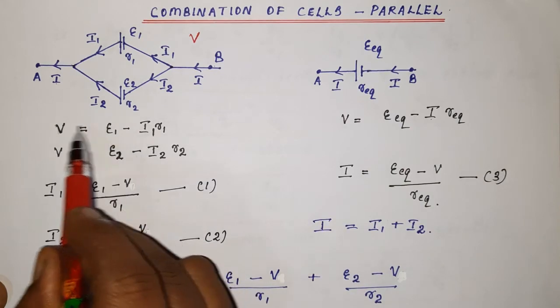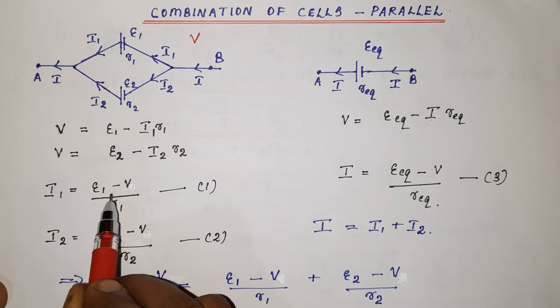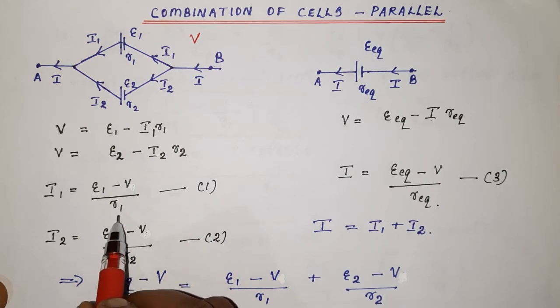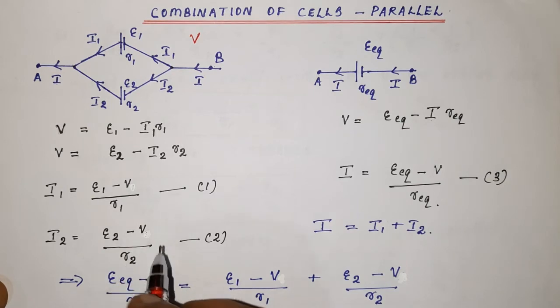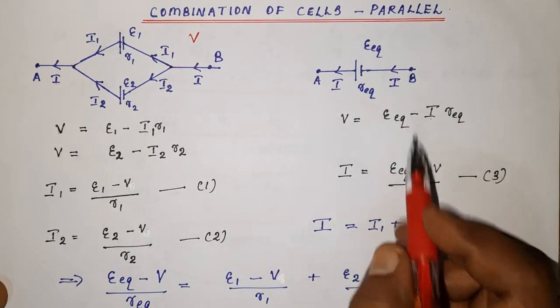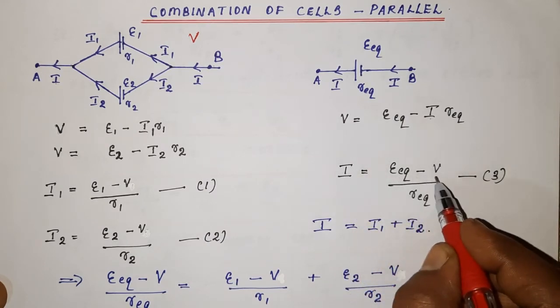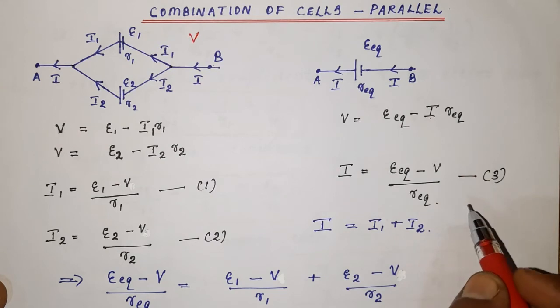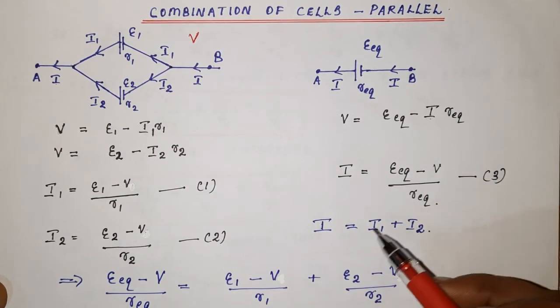So we have I1 is equal to (epsilon 1 minus V) by R1 and I2 is equal to (epsilon 2 minus V) by R2. Similarly, I is equal to (epsilon equivalent minus V) by R equivalent. We call these three equations 1, 2 and 3.